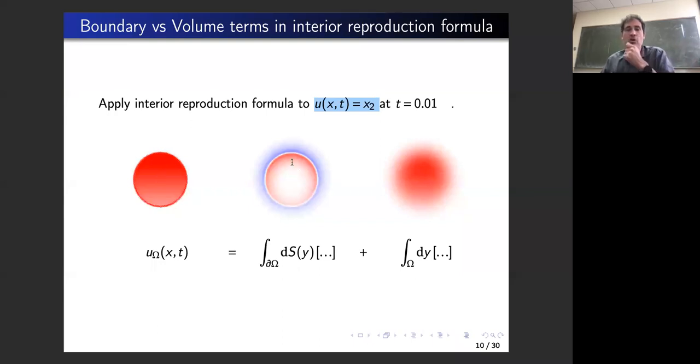And then I'm showing here the contribution from the boundary terms, this time history integral going on in here, and from the volume integral terms, which involve the initial condition. The initial condition in here is simply x2. So what you see here is just x2 blurred by the heat kernel evaluated at t equal to 0.01.